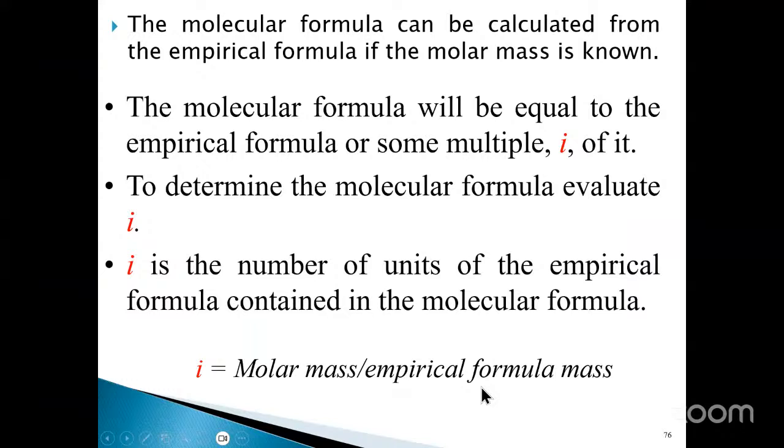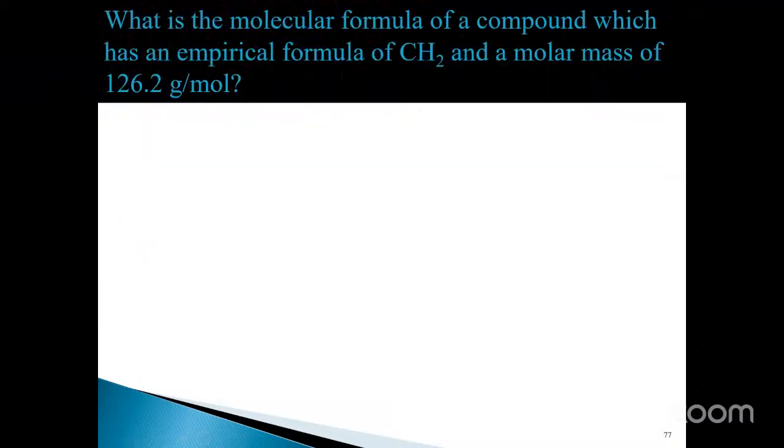So basically, you need to calculate, in some textbooks they call this the integral factor, I. I is basically calculated by dividing the molar mass by the empirical formula mass. Once you get that I value, then you multiply that I value by the empirical formula, and that will give you the molecular formula. So let me give an example here.